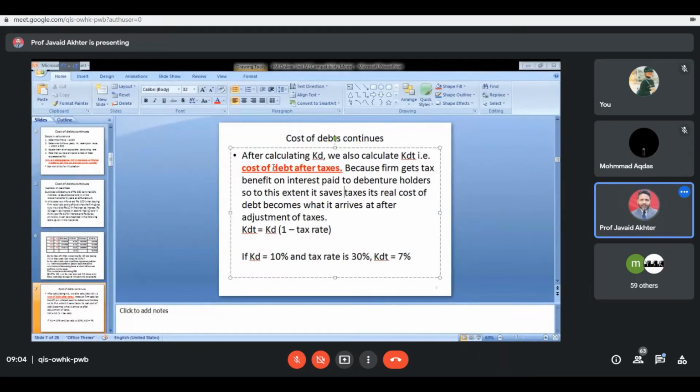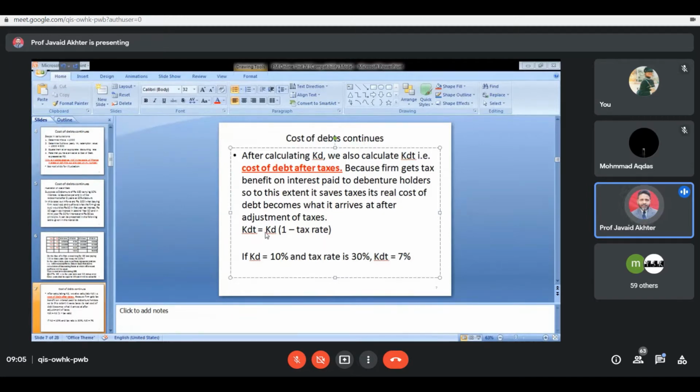For example, if you assume the company's tax rate is 30%, how do we arrive at Kdt? Cost of debt after tax is equal to cost of debt multiplied by one minus tax rate. Why one minus tax rate? Because the company's taxable income is reduced by the interest paid, so it will pay lesser taxes, as it claims interest payments as deductible expenses.